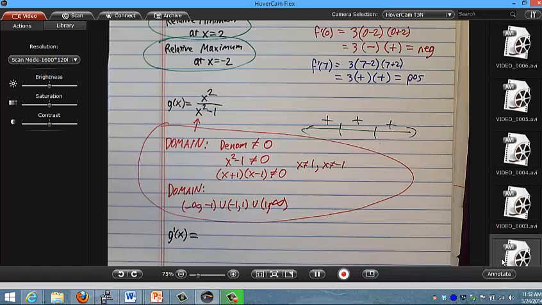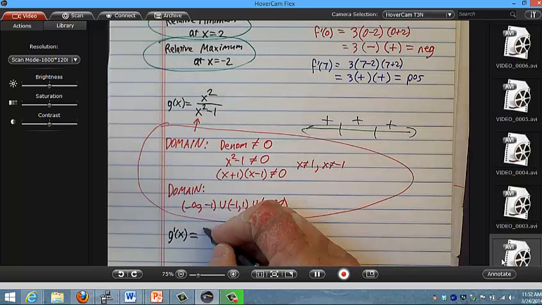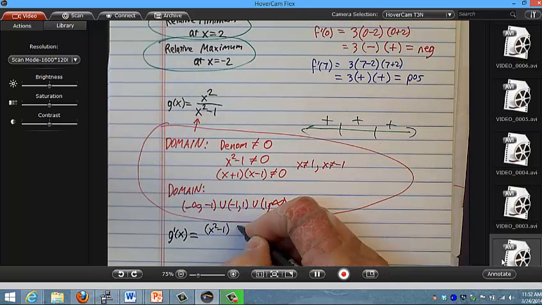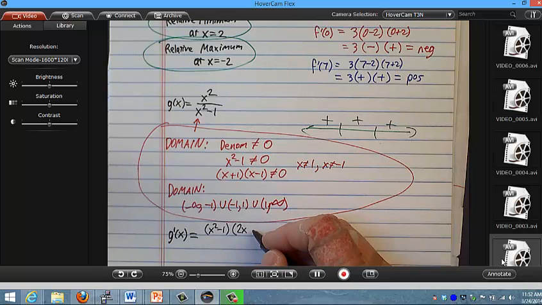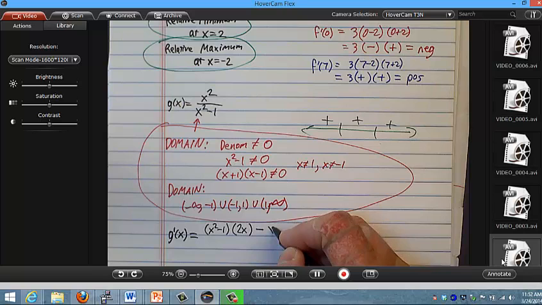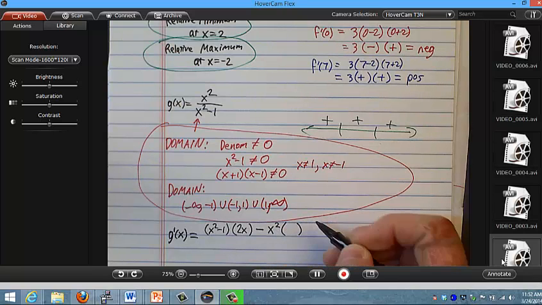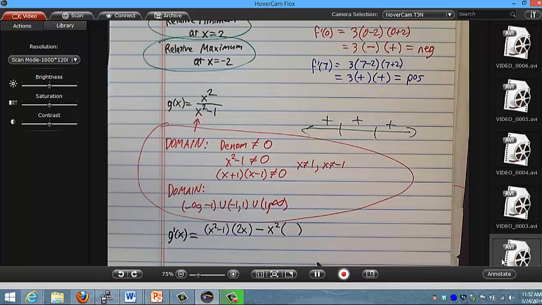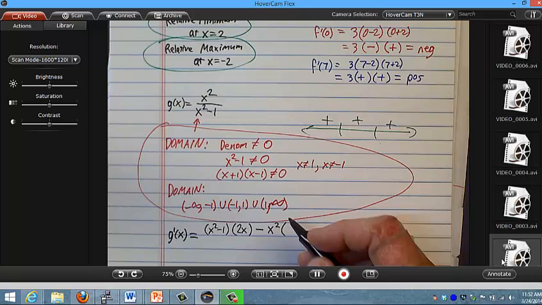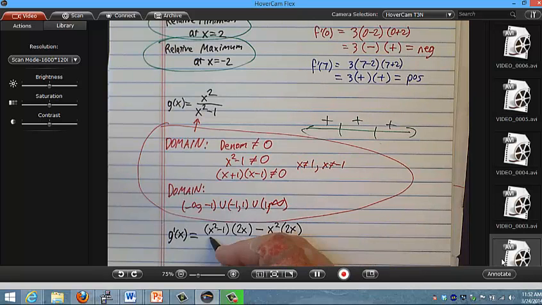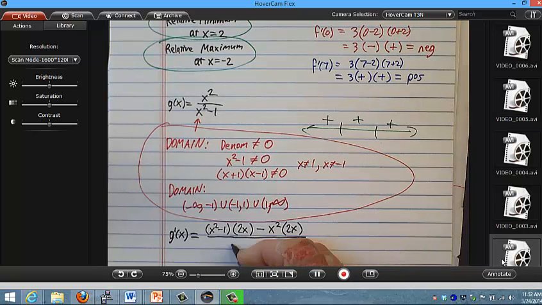You guys all did this derivative. So you did Hi-dee-ho: x squared minus 1 times 2x. And then you subtract: x squared times, what's the derivative of the bottom? Well, that's 2x also. All over x squared minus 1 squared.